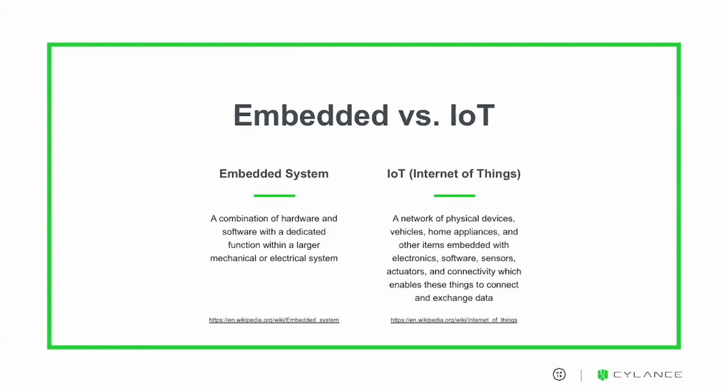IoT is not a device, but an architecture, right? Generally, it's a cloud-based back end with devices connecting to it in sort of a client to server architecture. And these can be any kind of sensors, actuators, or other devices that talk to this cloud backend. So the takeaway there is the difference is a single system, which may or may not be networked. An embedded system doesn't have to be networked, versus an architecture in which these embedded systems are in fact networked.